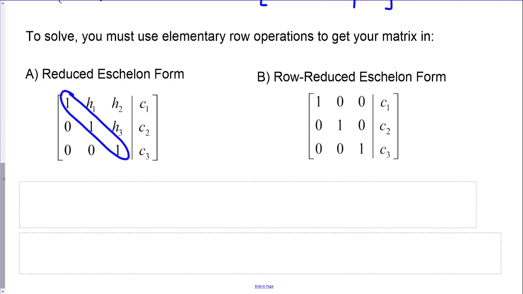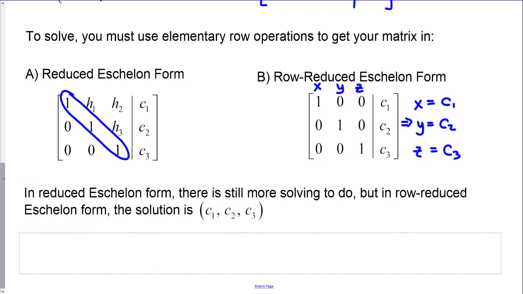The idea in row-reduced echelon form is if everything in the first column is multiplied by x, everything in the second column is multiplied by y, and everything in the third column is multiplied by z, then if you transform this into a system of equations, you have x equals c1, y equals c2, and z equals c3, so that your solution is the coordinate triple c1, c2, c3.